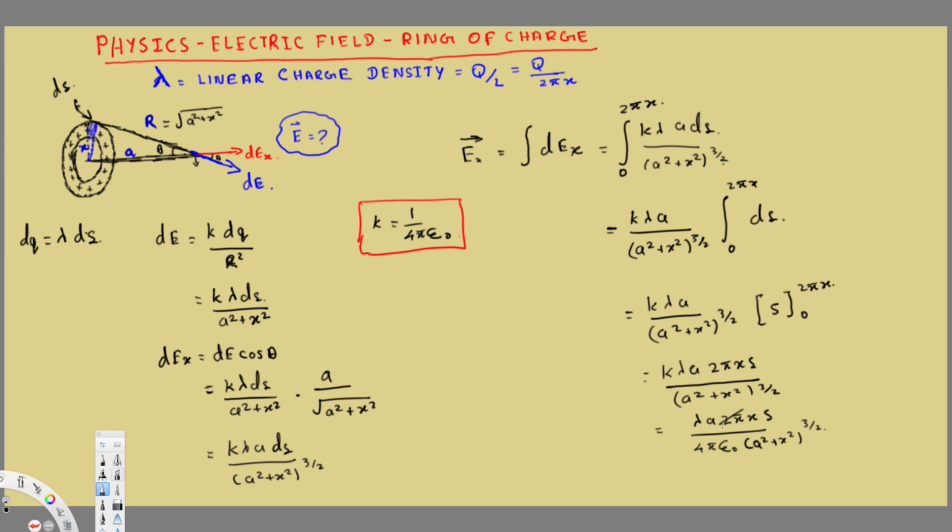Here we can cancel the 2 pi and the 4 pi, which gives us 2 here. Actually we are replacing s with 2 pi x, so there's no s here. So we end up with lambda a x divided by 2 epsilon naught (a square plus x square) to the power 3 by 2.